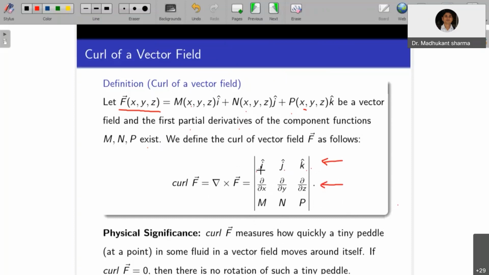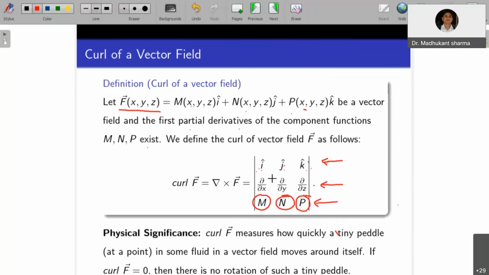Below i you have the partial derivative with respect to x. Below j, that means y direction, you have the partial derivative with respect to y. With the z direction, you have the partial derivative with respect to z. So these two rows remain fixed. The third row is obtained from the given vector field: the first value is the i component, the second value is the j component, and the third value is the k component.